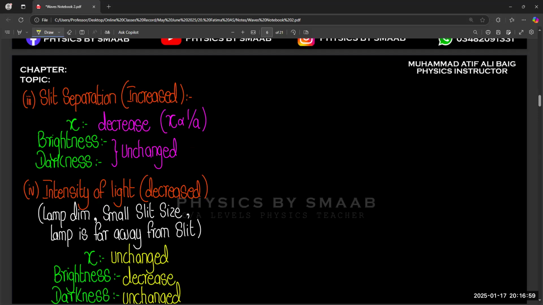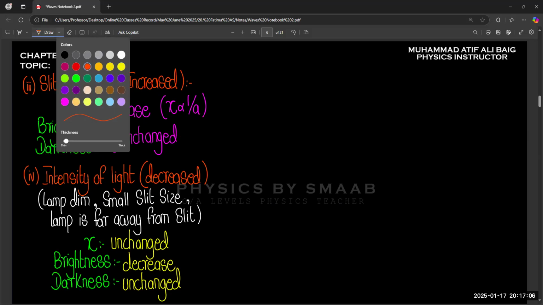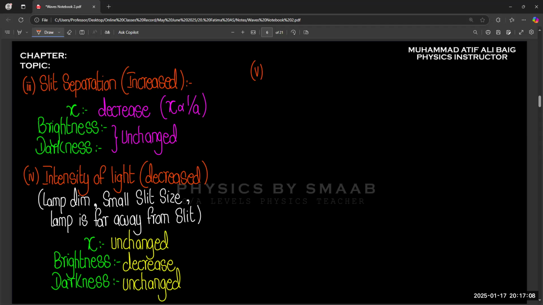But if we are changing intensity or this type of quantity, then brightness and darkness get affected. The last factor is about light coming from one of the two slits being decreased.